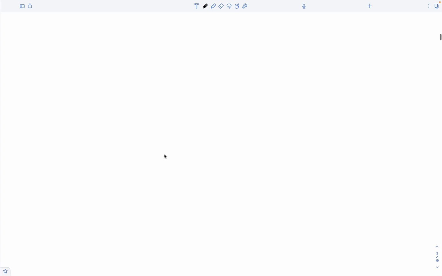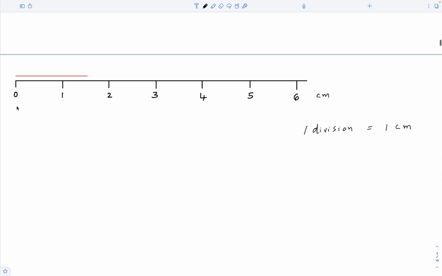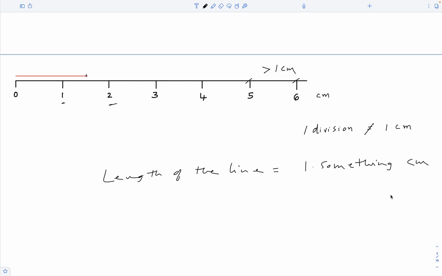And here we have another defective scale. The numbering looks fine, but each division on this scale is longer than 1 centimeter, though the scale says each division is 1 centimeter long. The length of the same line measured using this scale would be 1 dot something centimeters, because this end of the line falls between these two markings.